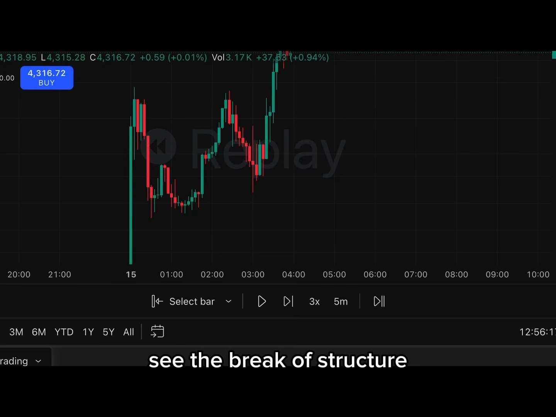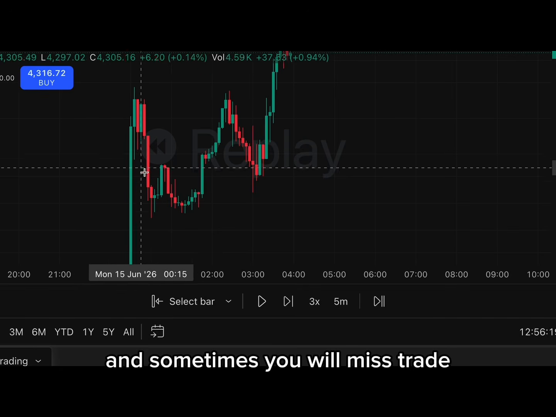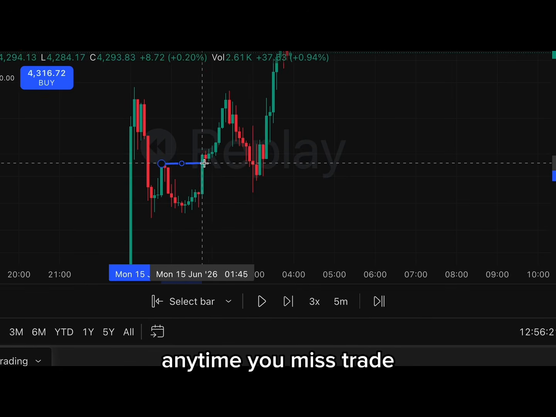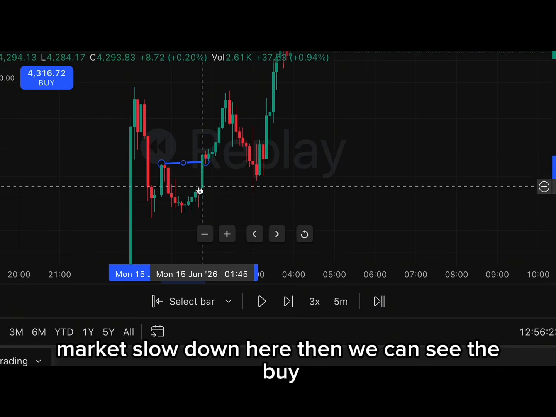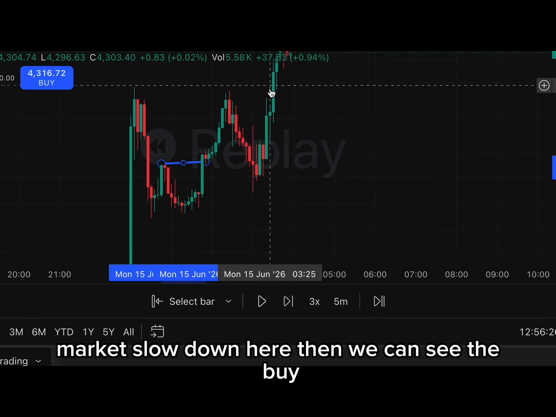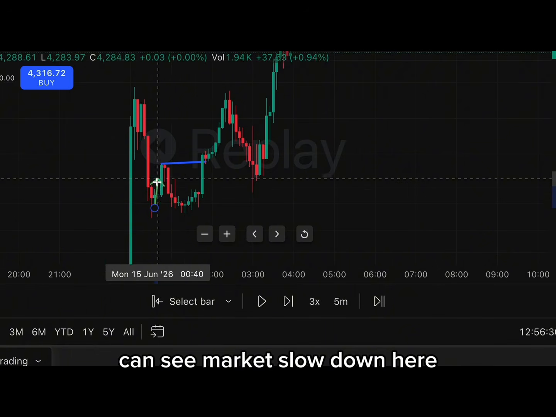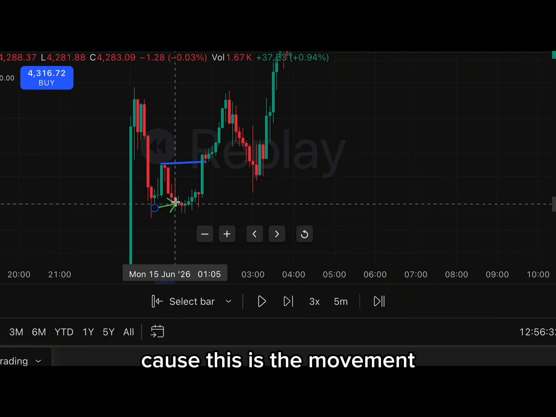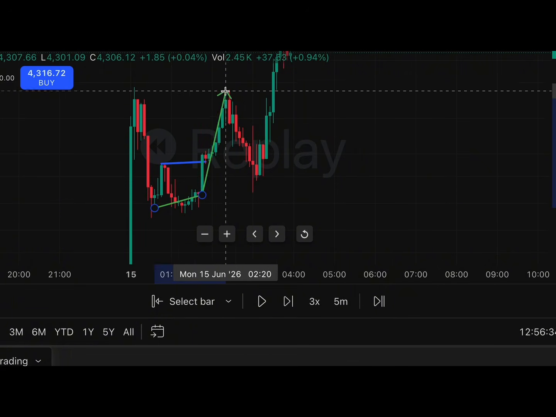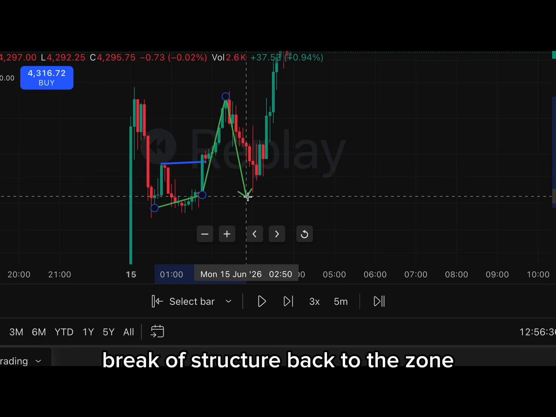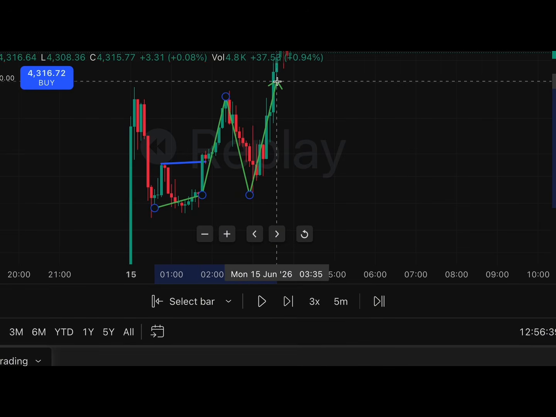See the break of structure. And sometimes you will miss a trade. Anytime you miss a trade, the market slowed down here, then we can see the buy. You can see the market slow down here because this is the movement. Then break of structure, back to the zone, then buy.